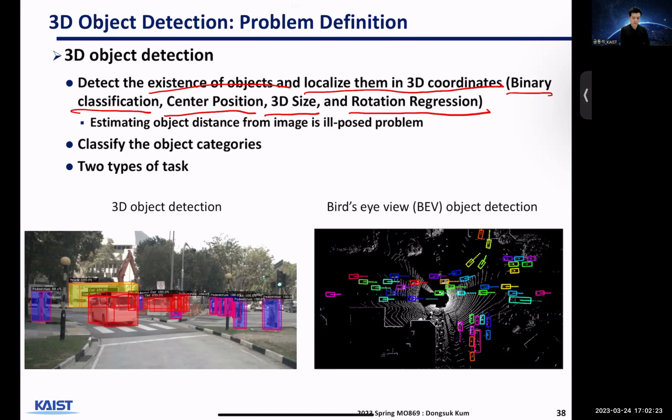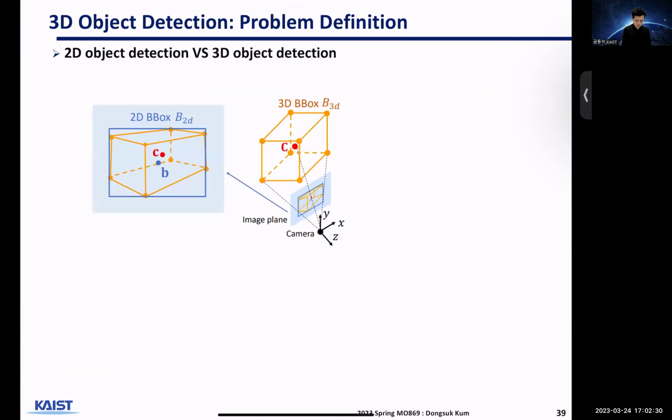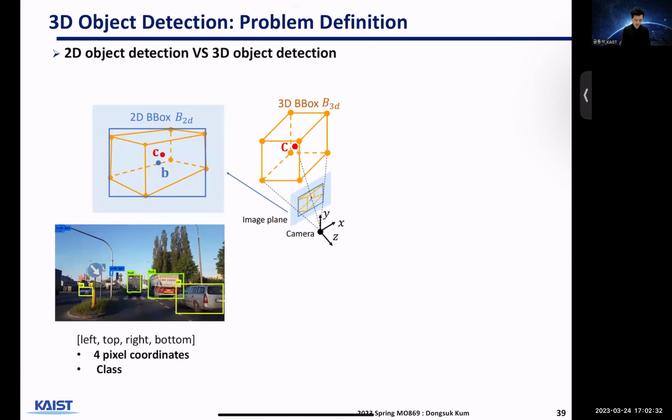So if you go back and look at 2D object detection, all you had to predict was this information. So all you needed was the class and then 4 pixel coordinates, left top corner and then right bottom corner, which give you the full information for a 2D bounding box.